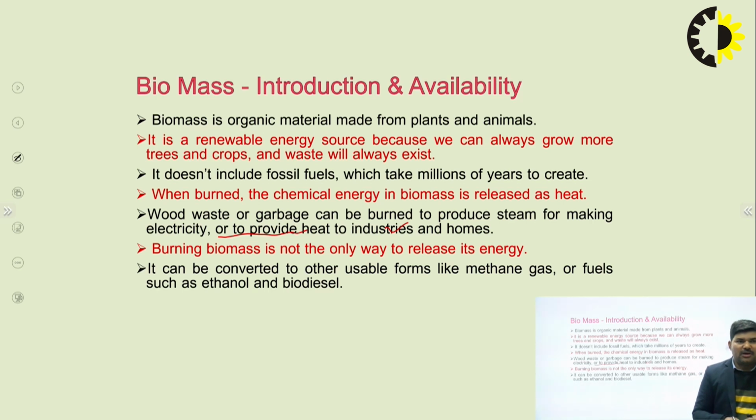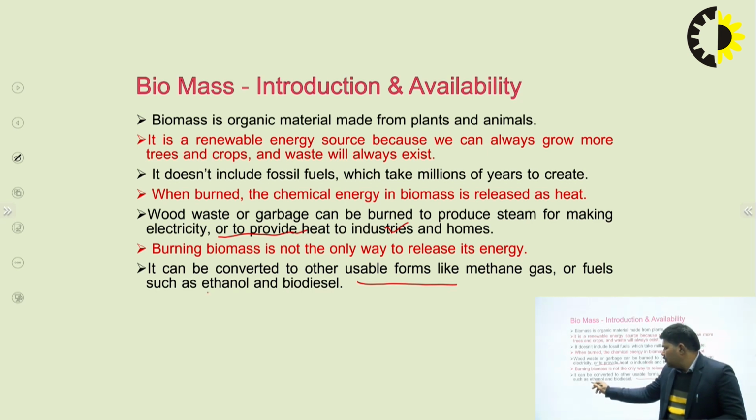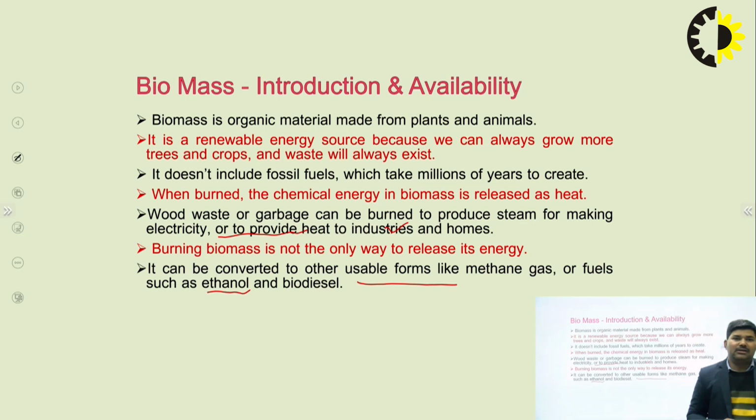Burning biomass is not the only way to release the energy. It can be converted to other useful forms like methane gas or fuels such as ethanol and biodiesel. Ethanol is a very important thing right now, because ethanol is blended with fuels like petrol and diesel.